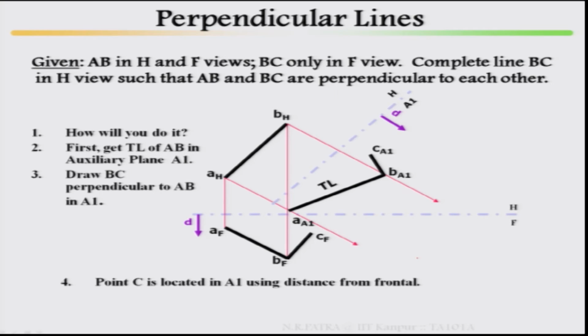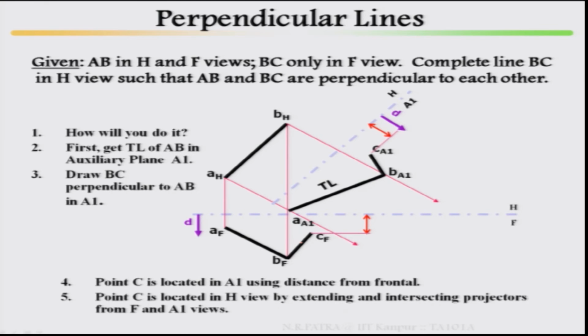Then point C is located in A1 using distance from frontal point C. Then point C is located in horizontal view by extending and intersecting projectors from front and auxiliary view. Look at, from point C I project it back, then from here the front view has been projected back, and you locate point C, then you get it.